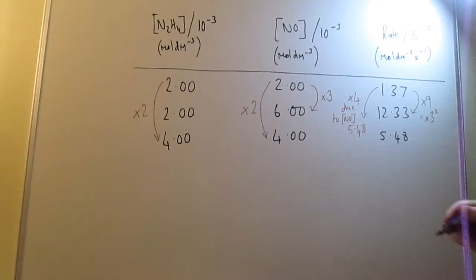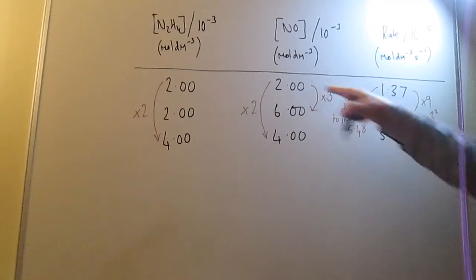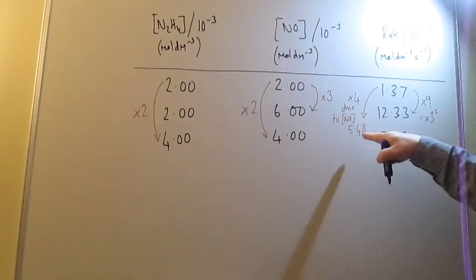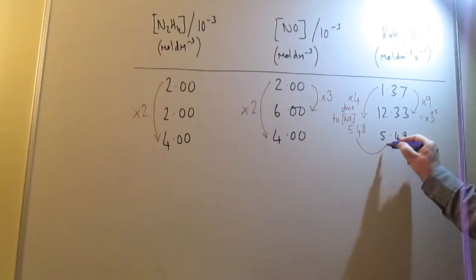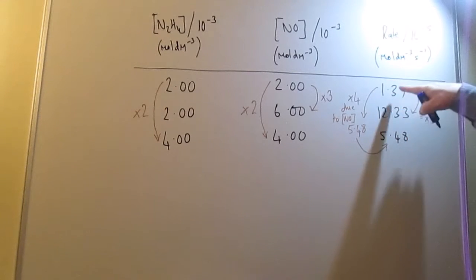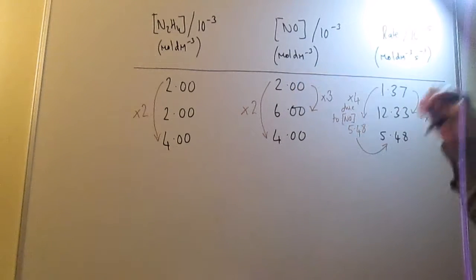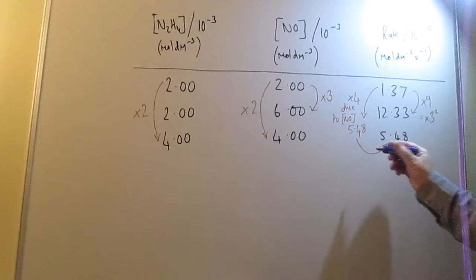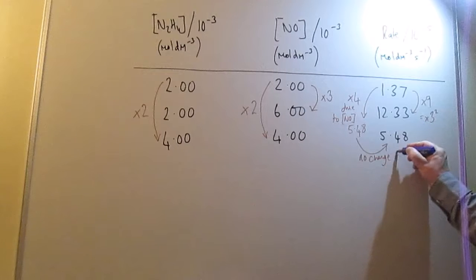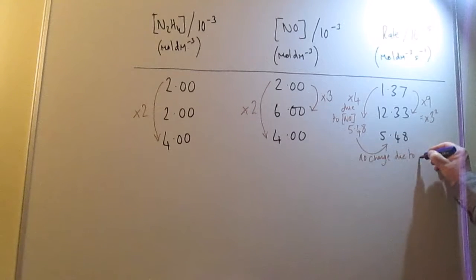And then we just look and say, right, well, what else has changed as a result of the fact that we've doubled this as well? And you can see actually the answer is nothing because there's no further change in the rate. Okay, so that overall increase of times 4 is entirely due to the NO concentration, and there's no change due to N2H4.